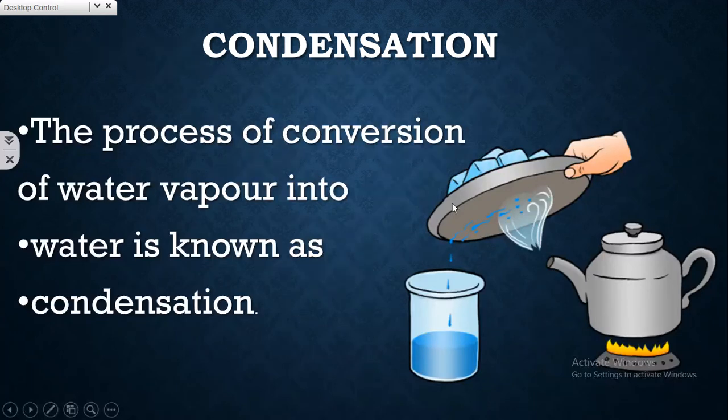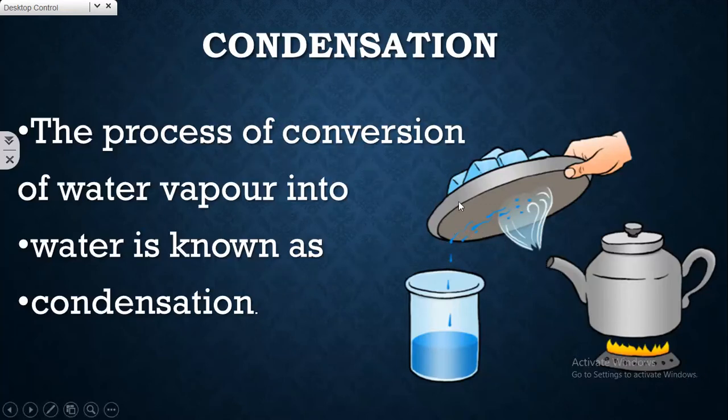For a simple example, take salt water in a kettle and allow it to boil. When it boils, what happens? Water slowly converts into vapor and comes out of the kettle.